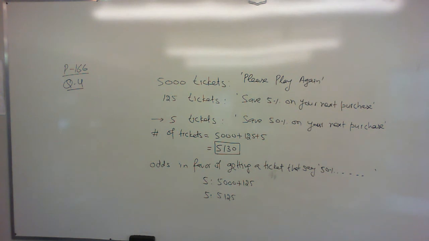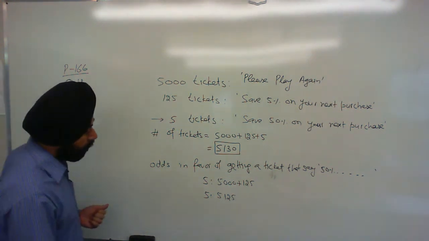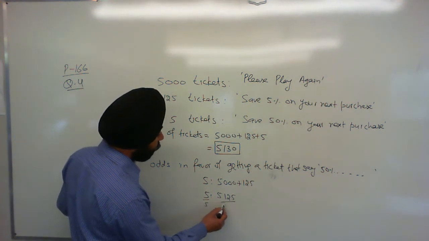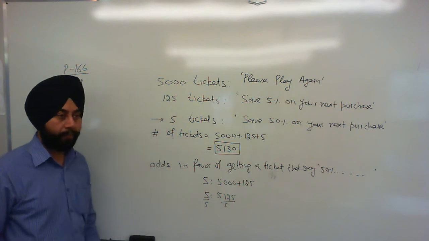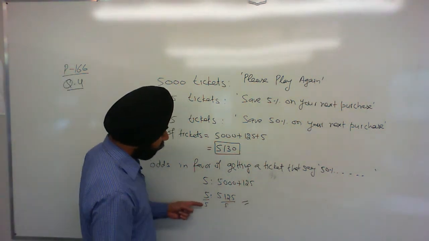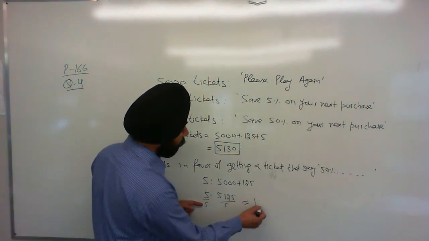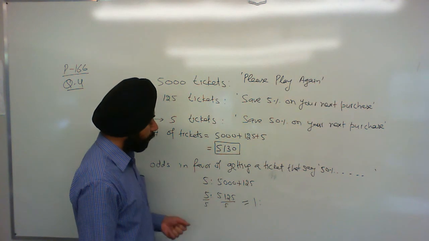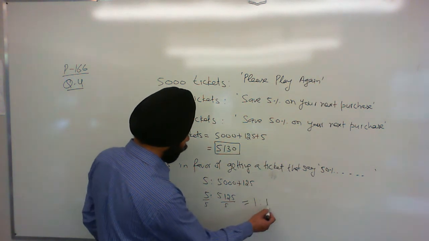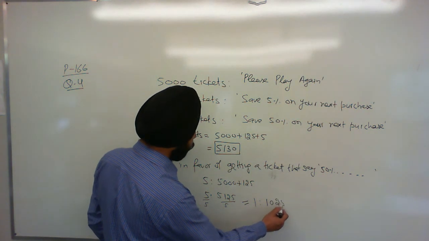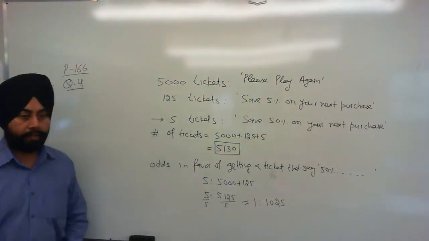But now you have to simplify this. If there is a common factor, you can divide them. You can divide both by 5. 5 is a common factor. When you do so, what do you get? 5 divided by 5 is 1, and 5,125 divided by 5 is 1,025.